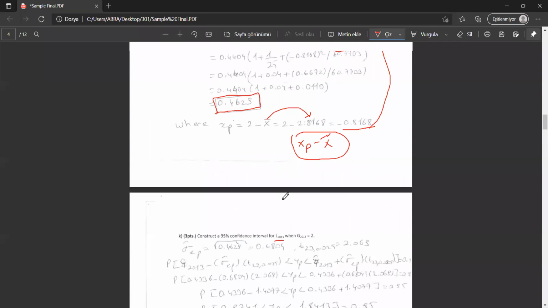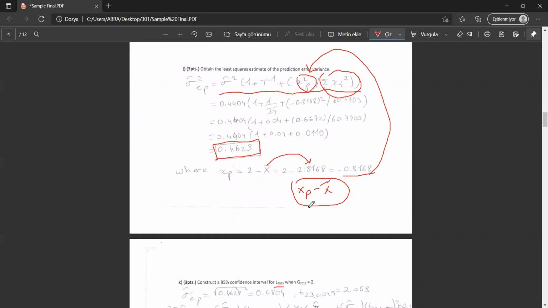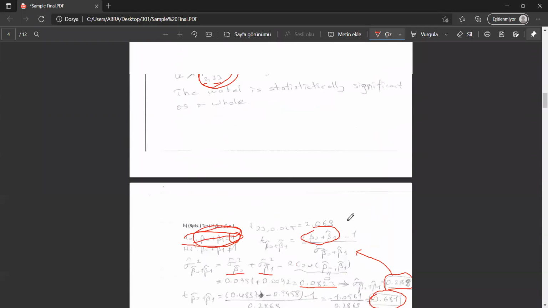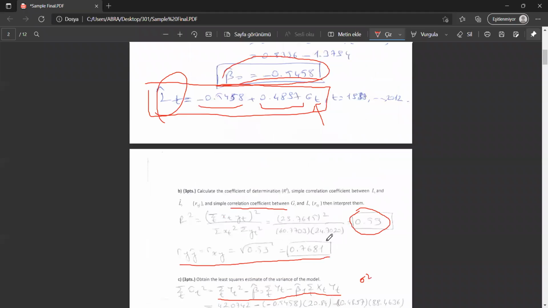Now in part K, we are constructing a confidence interval for a future value, L 2030. Since this is a future value, it is not in our data set, we will use the prediction error variance here. Okay, first we need to estimate L 2030, right? And to do that, we are using our model.